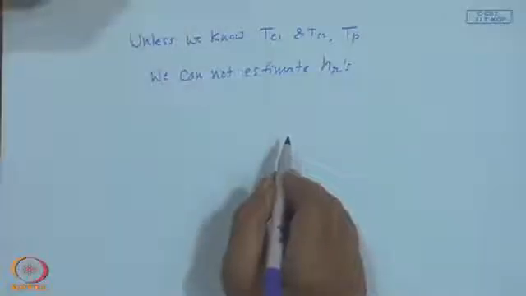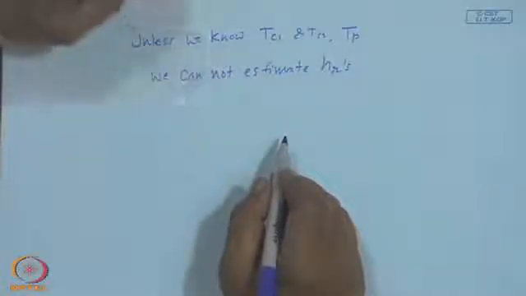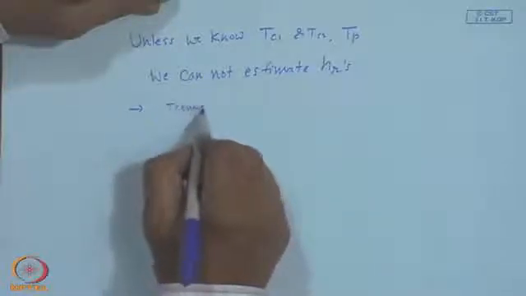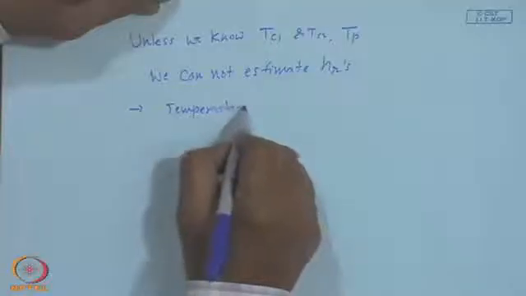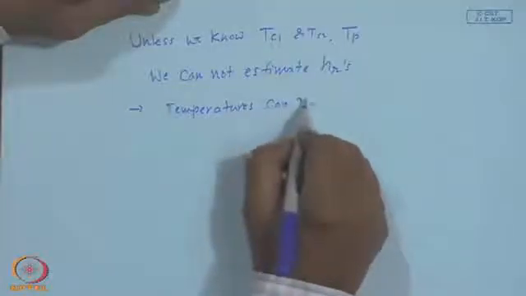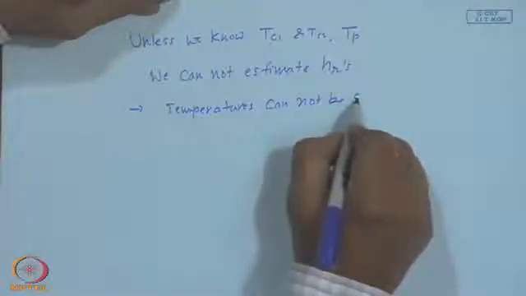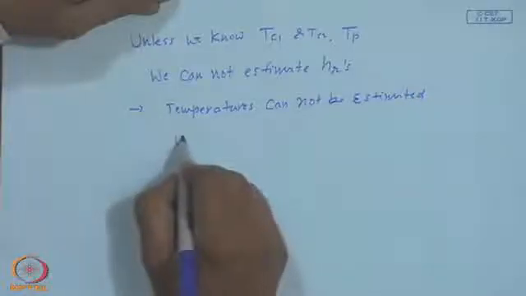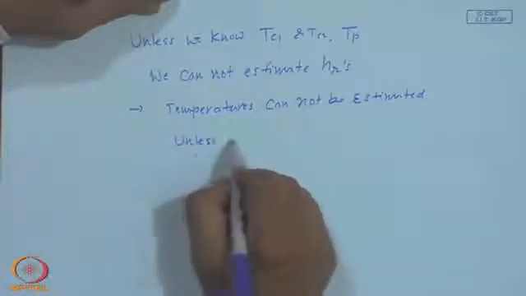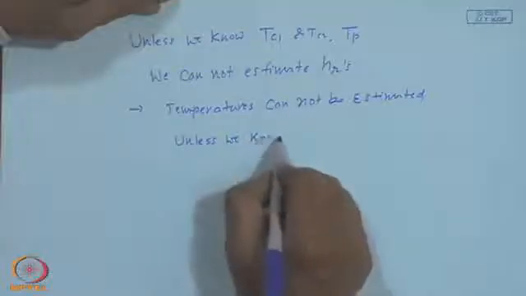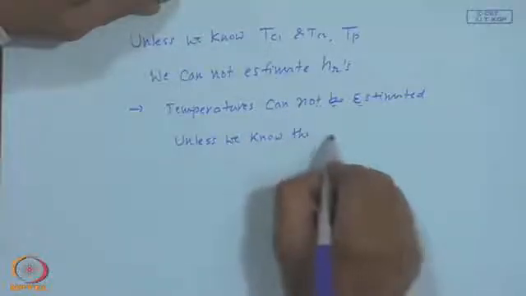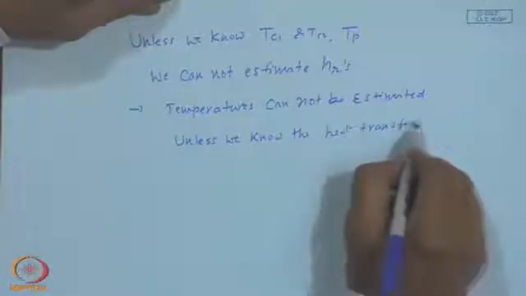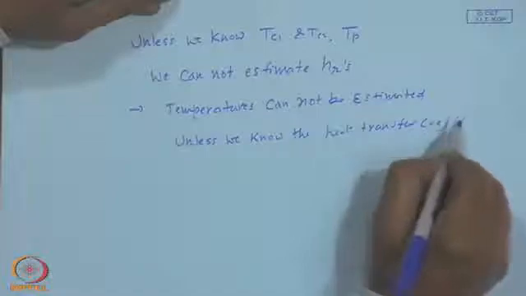So, radiative heat transfer coefficients cannot be estimated unless I know the temperatures, and temperatures cannot be estimated unless we know the heat transfer coefficients. So, it is a tricky situation. What do we do now?